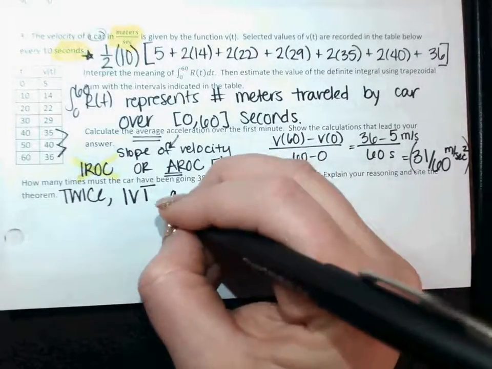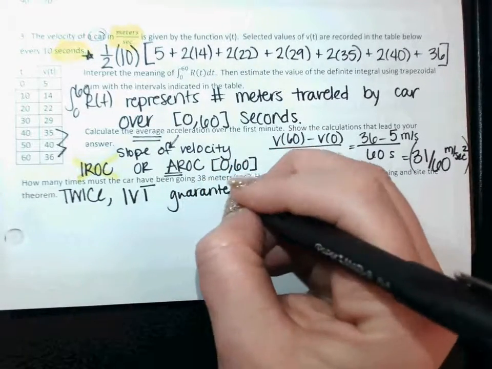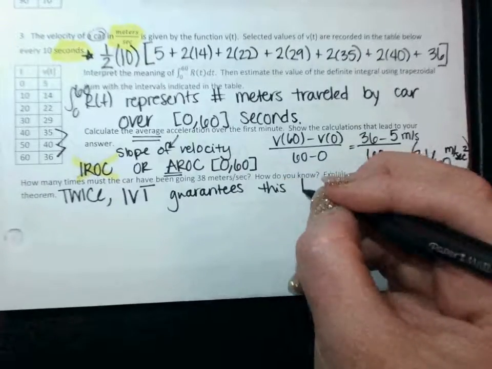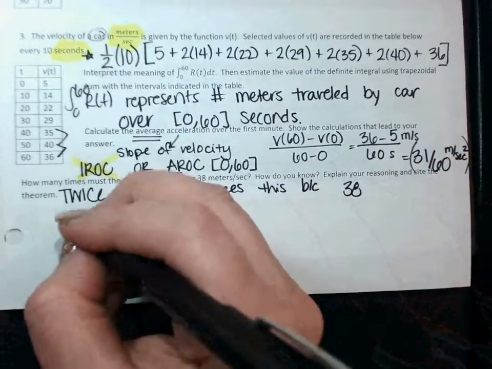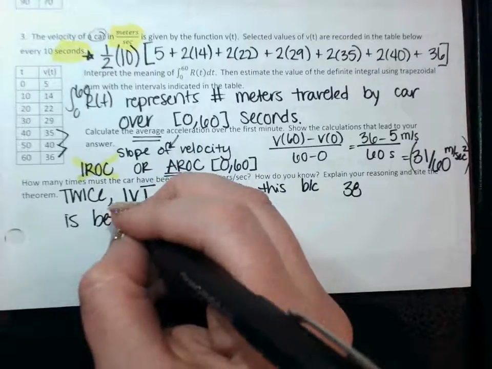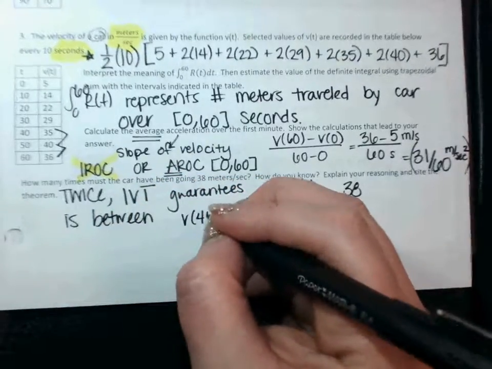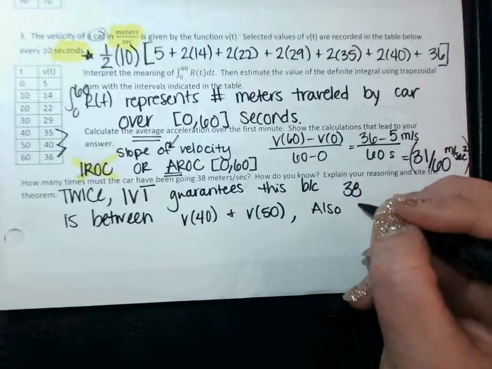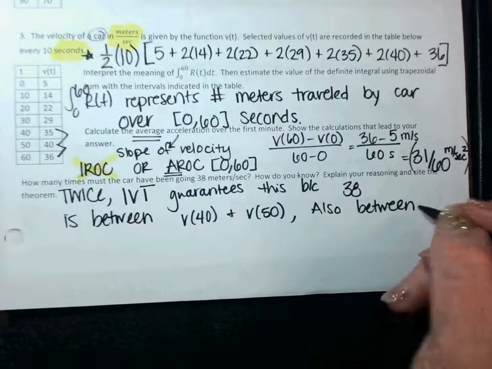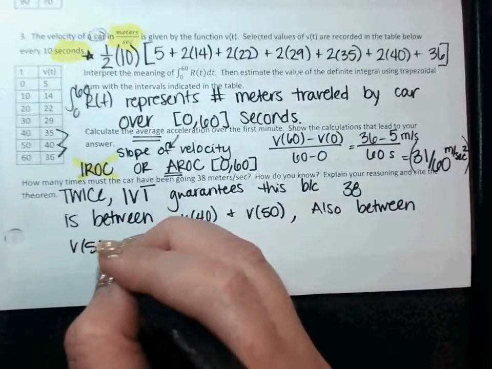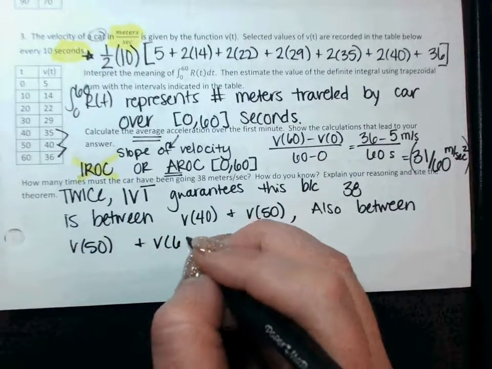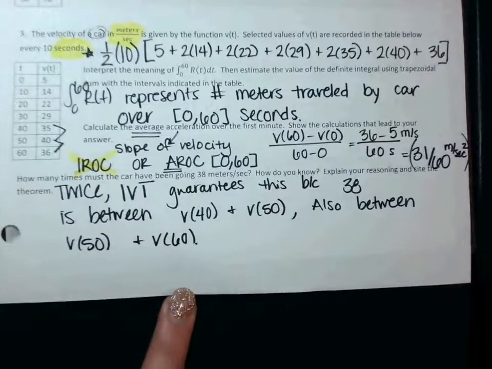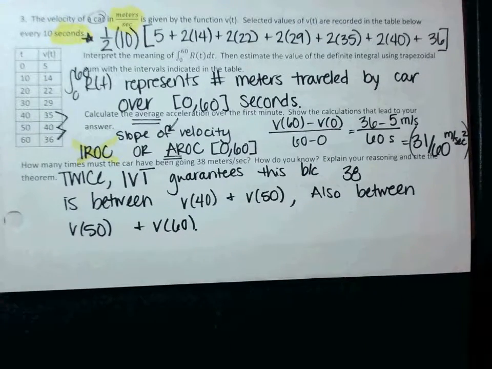So, IVT guarantees this because 38 is between the velocity at 40 and the velocity at 50, also between v of 50 and v of 60. So you're saying, I know it happens because 38's between my velocity at 40 and 50, and it's also between my velocity on 50 to 60.